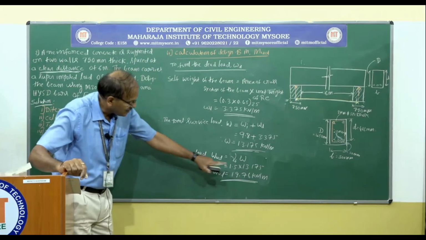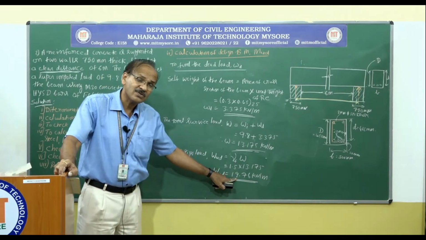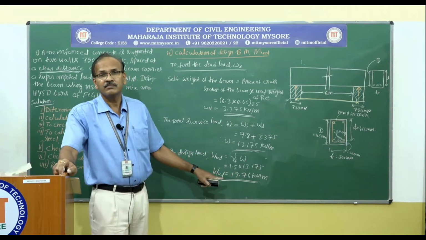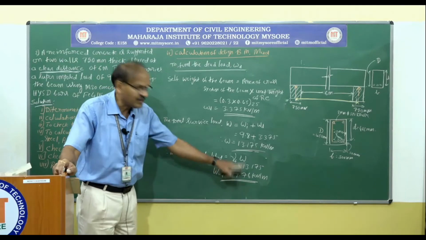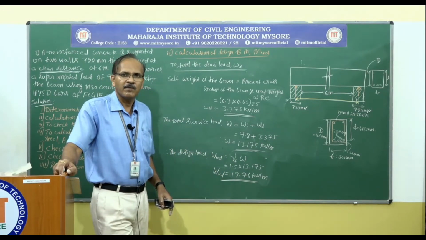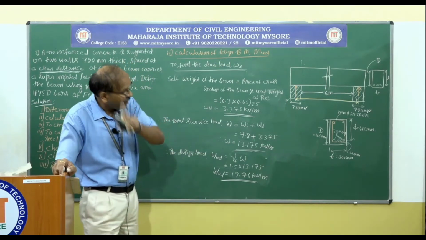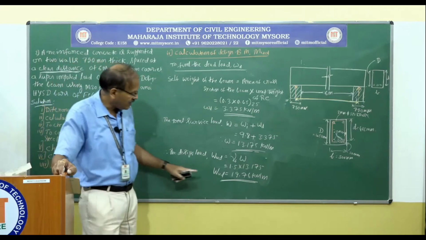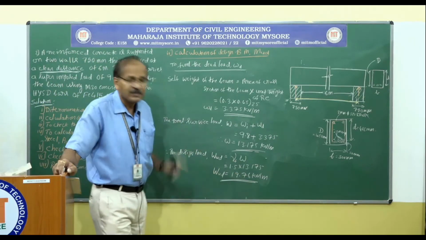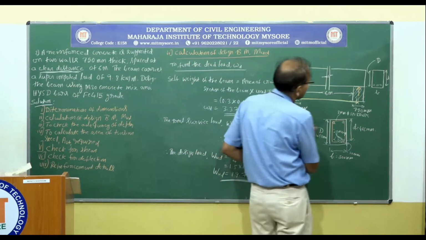So this is the design load, or you can call it as ultimate load or factored load. They are one and the same. Is it clear to you? So now we have the span, that is the effective span, and we have the design load. So we will go with the next step.